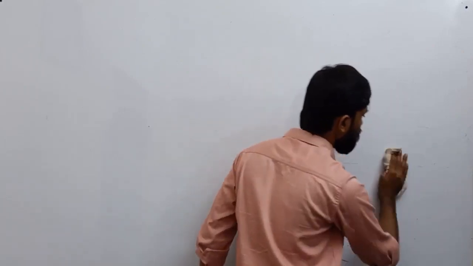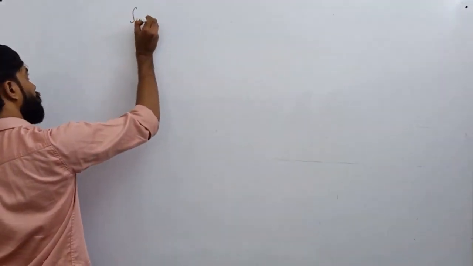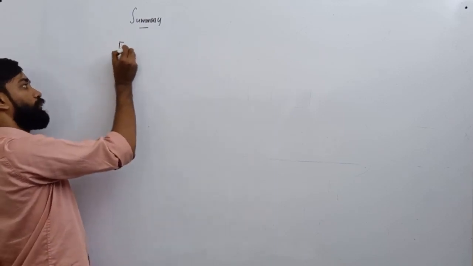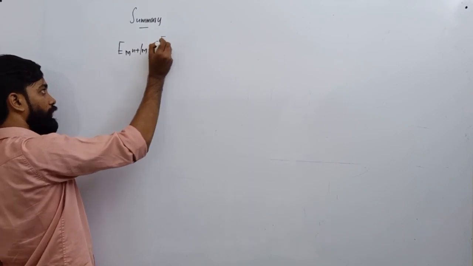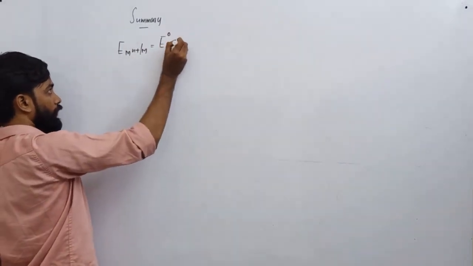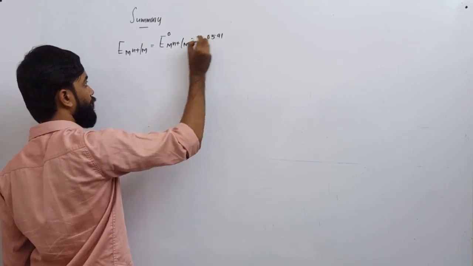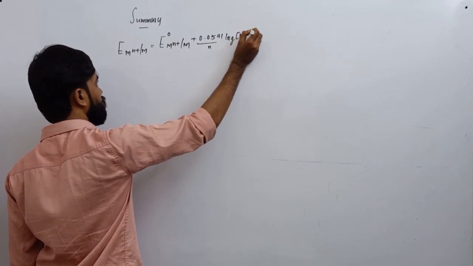Okay. So let me have a summary. What is a summary? Nernst equation for electrode potential: E of M^n+ | M is equal to E0 of M^n+ | M plus 0.0591 by n log M^n+. First one.